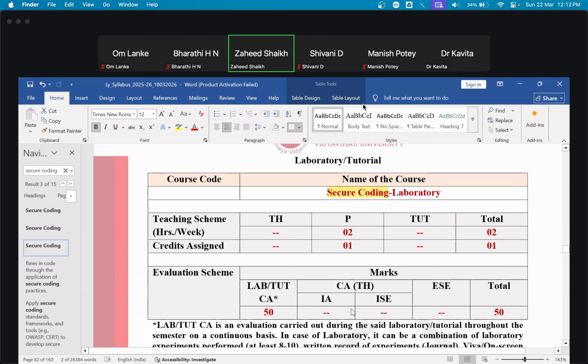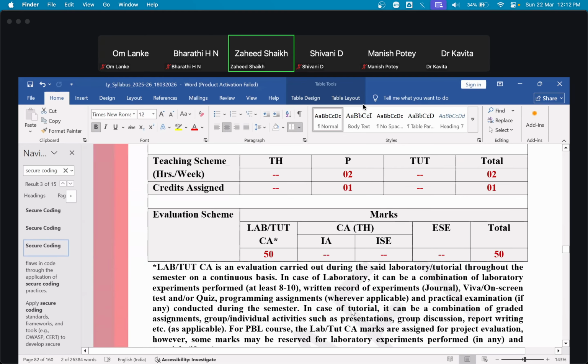As far as labs are concerned, we experiment with a lot of case studies from the application perspective, database perspective, memory management perspective, and network management perspective, to demonstrate and understand the different security challenges which a programming language and a programmer have to deal with to prevent different types of attacks on the application.